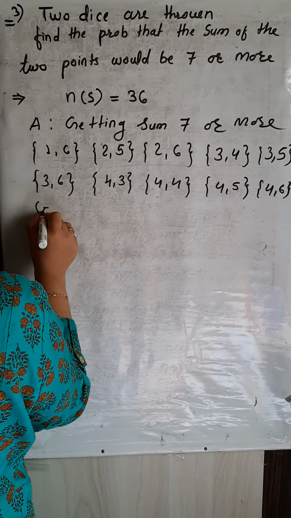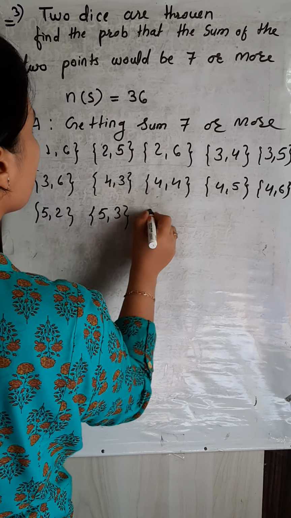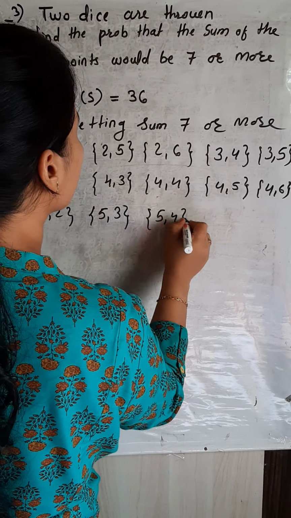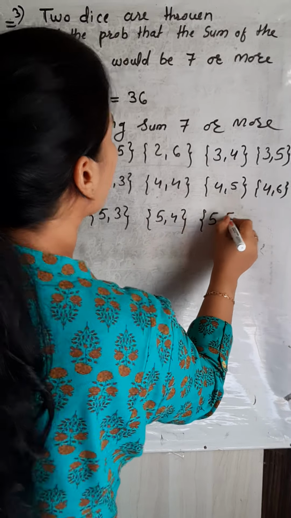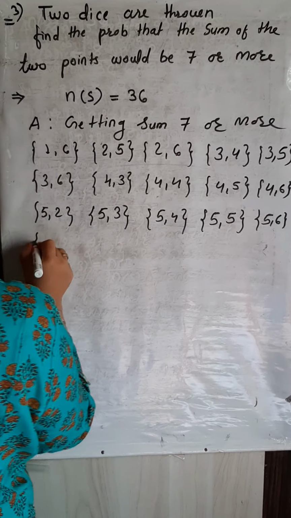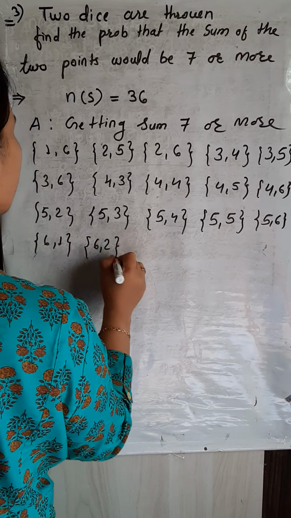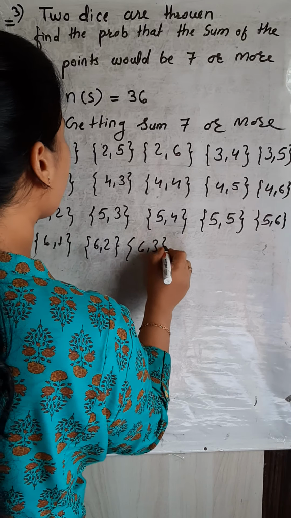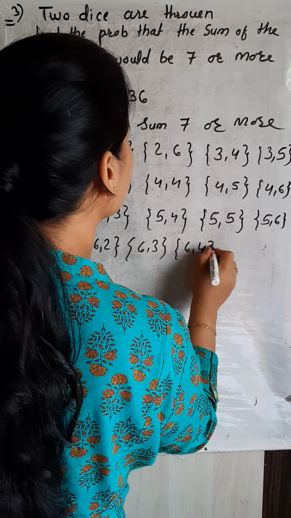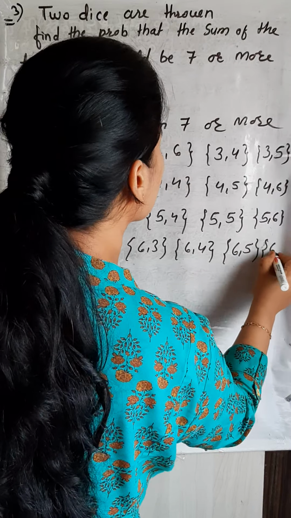In the next line, 5 comma 2, 5 comma 3, 5 comma 4, 5 comma 5, 5 comma 6, and the next line will be the complete line: 6 comma 1, 6 comma 2, 6 comma 3, 6 comma 4, 6 comma 5, 6 comma 6.